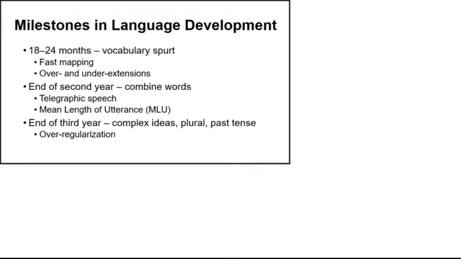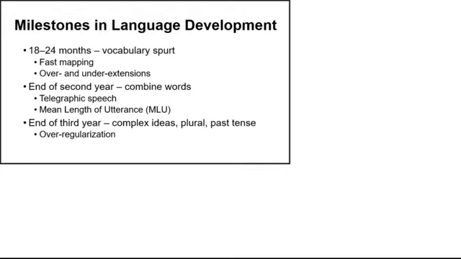So it's usually going to be a sort of a verb, and then the thing that they're pointing to, the thing that they want, or the thing that should be acted upon in a particular way. And we're going to start seeing that we can use a measure of mean length of utterance, MLU, because they always have weird ways of describing things.